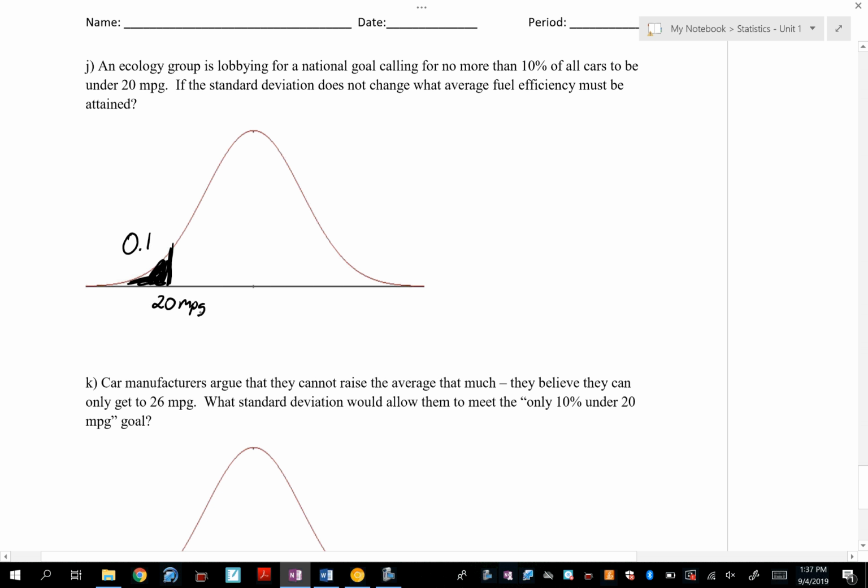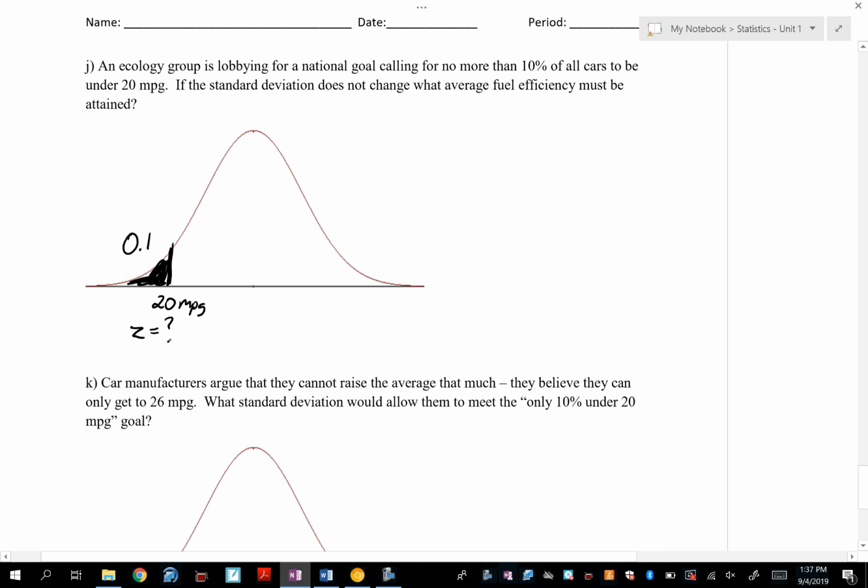So here's 10%. They're telling us that this value here is 20. And if you shade to the left, anything below that, only 10% of all cars should have fuel efficiency below 20 miles per gallon. Okay? So the first thing I think of is, if this is 10% and it's shaded, what is the z-score?